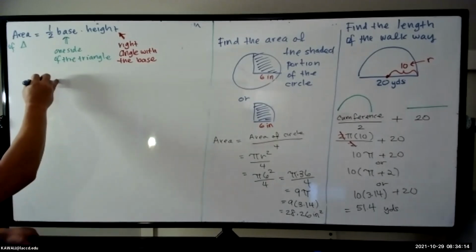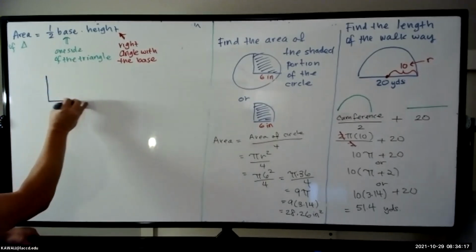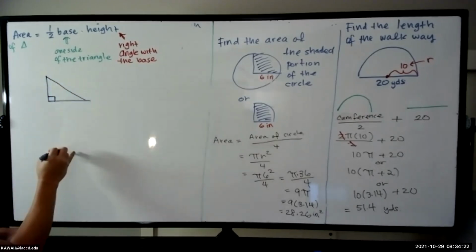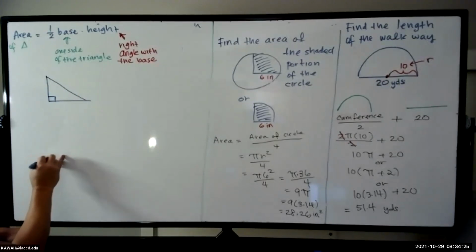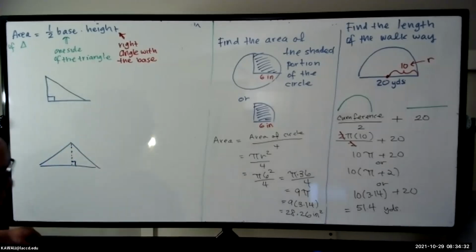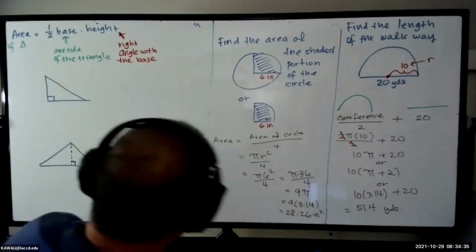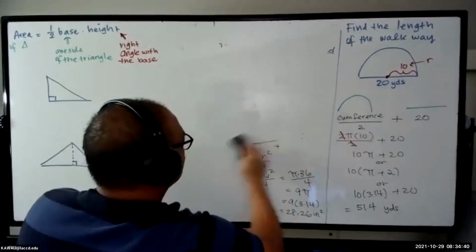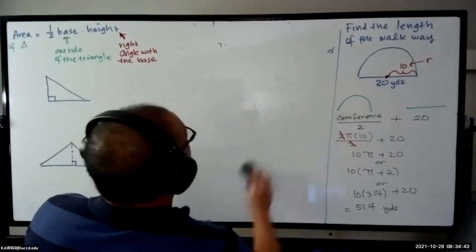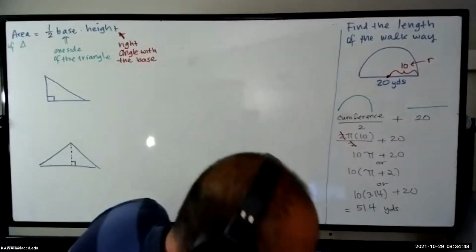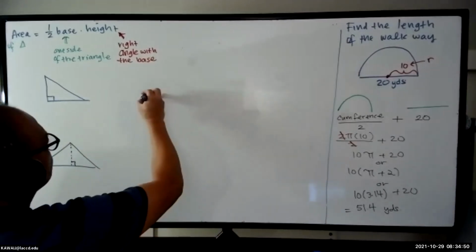So there are basically three kinds of triangles that you can find areas for. Something that looks like this, something that looks like this, and something that looks like this.